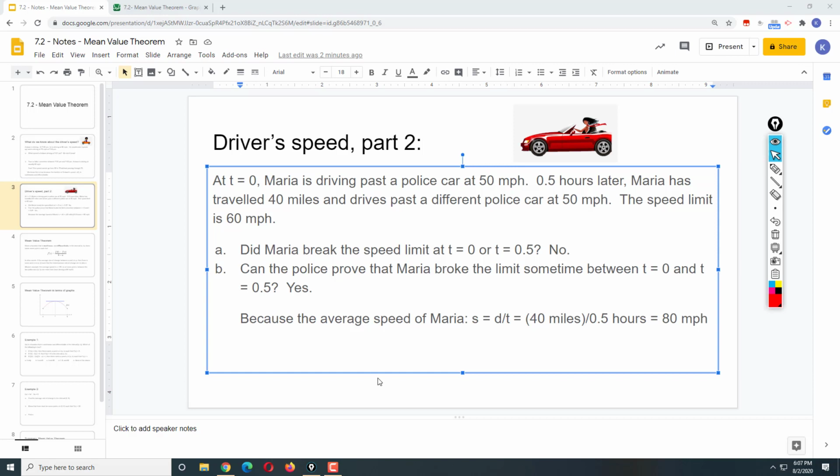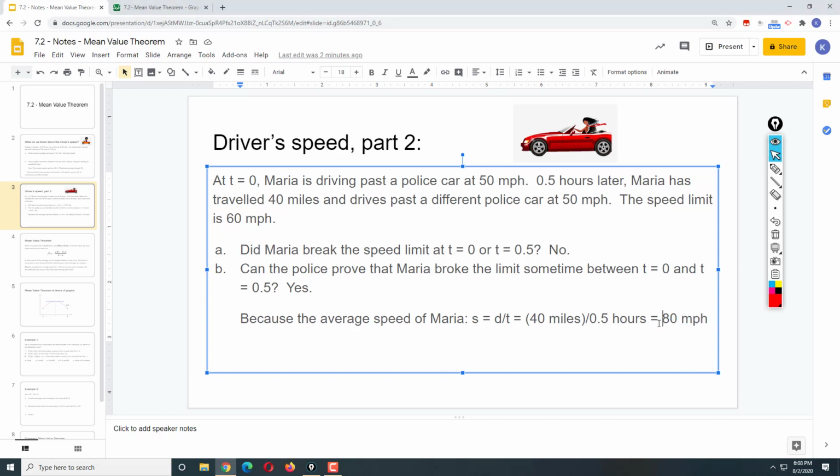Well, if Maria is driving at 80 miles per hour in the entire interval, this is actually not possible because she's at 50 at t equals 0 and at 50 at t equals 0.5. But we'll just assume that she is driving at 80 miles per hour in the interval in between, and her speed somehow takes a jump from 50 to 80 at t equals 0 and back to 50 at t equals 0.5. Well, if that's the case, then she broke the speed limit. Her speed is 80. Okay?